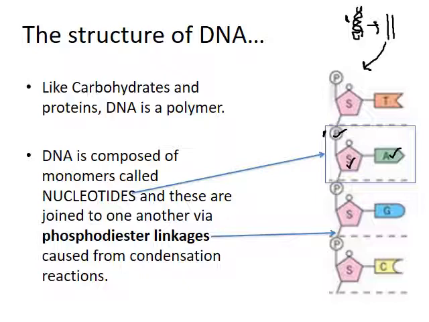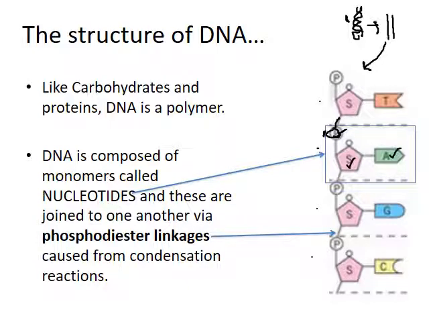And essentially, to make a nucleic acid, we just take lots of individual nucleotides and we join them together. So in this diagram, we've got 1, 2, 3, 4 nucleotides joined together. You can see where they do join. So the phosphate here of that nucleotide is joined to the sugar of the nucleotide before it.